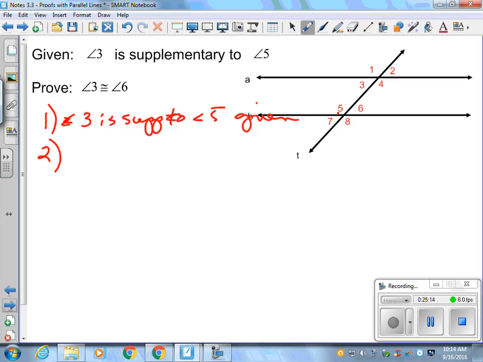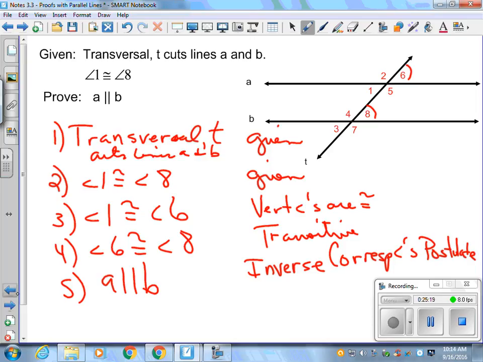Now, in the previous examples, let's go back just for a second. I was talking about congruencies, and because I was talking about congruencies, I typically was looking for angles that were congruent. And then I'd say that another one was congruent, so I could put the two congruencies together and say they were congruent to each other with transitive.